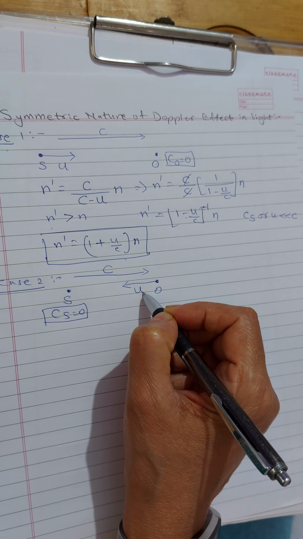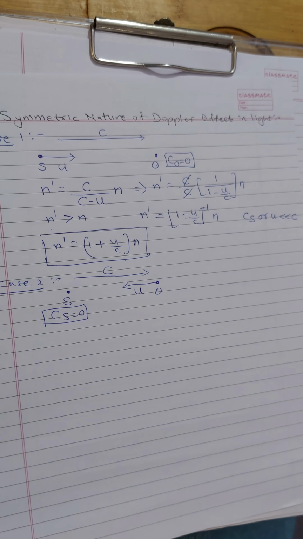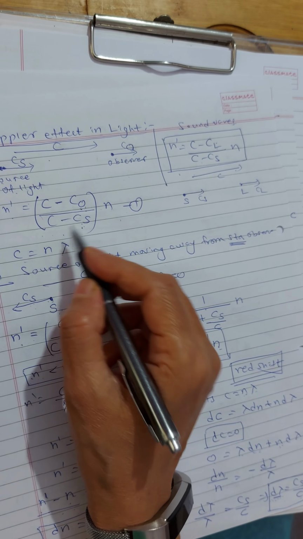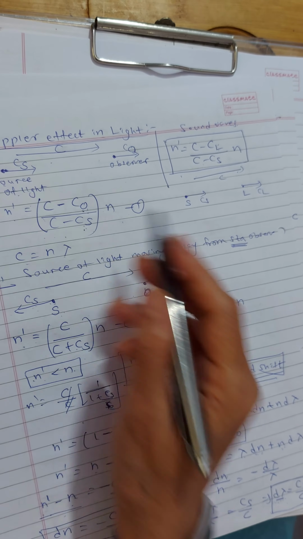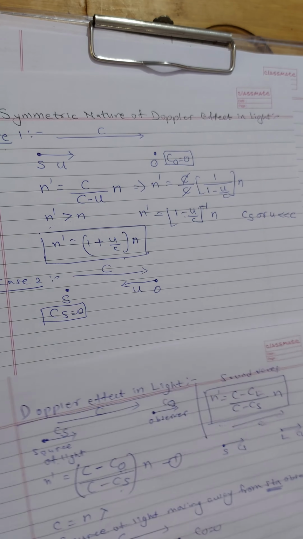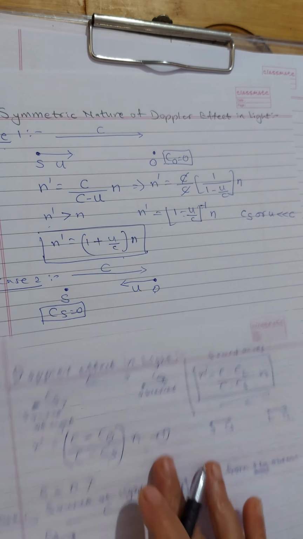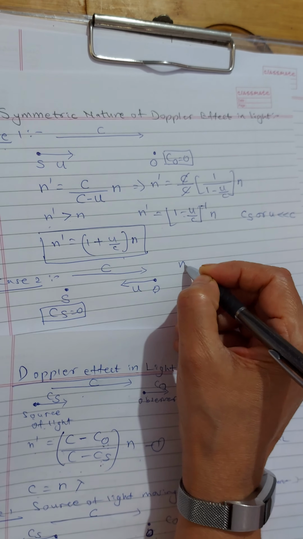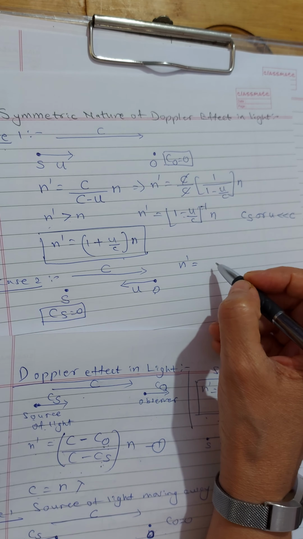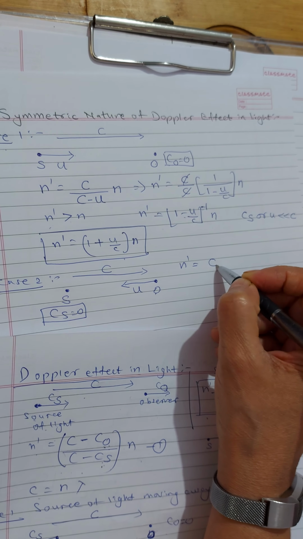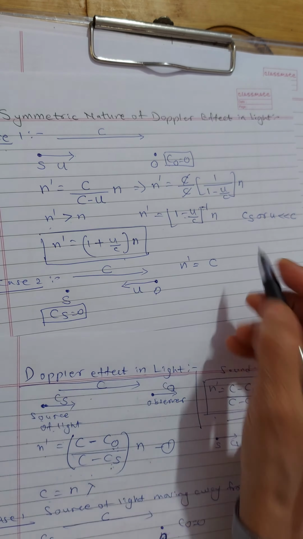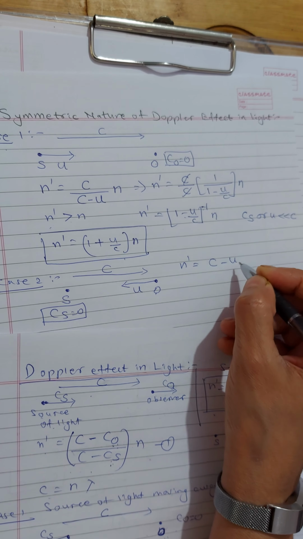So we substitute this value in this expression, (C minus CO) upon (C minus CS). What is my CO? CO is u, and what is my CS? CS is 0. So I'll get the expression N dash is equal to C minus of minus u.